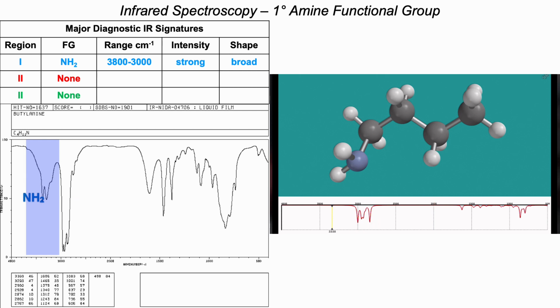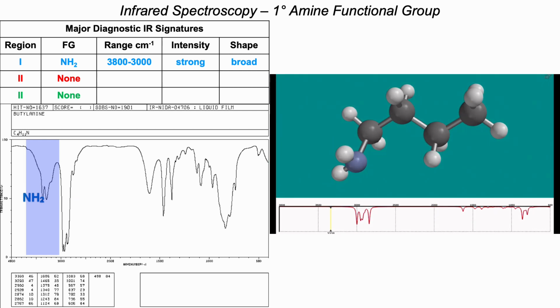And we'll go ahead and play the movie here. You see the NH stretching, that would be a symmetrical stretch. Your normal alkane stretching.